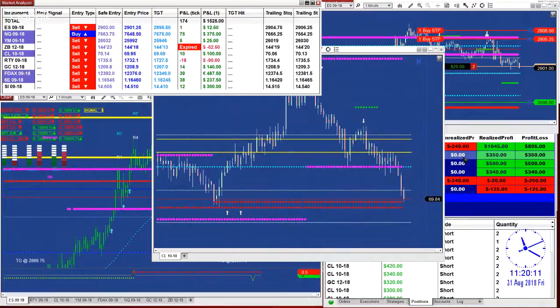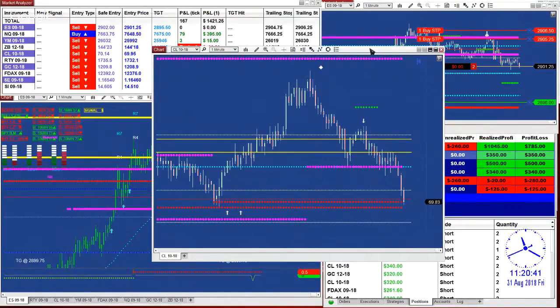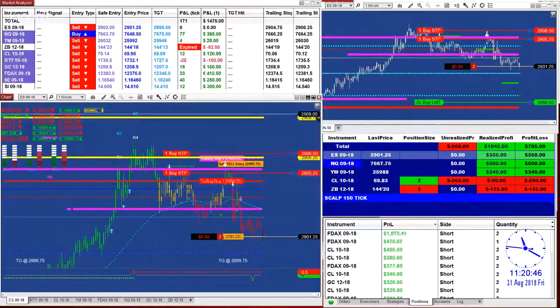Okay, 11 ticks. And it stopped. Stopped like a clock. Let's go back on the ES. So we know it was a genuine trade on the CL. And we don't know how far it's going to go, but I'll keep my eye on it.